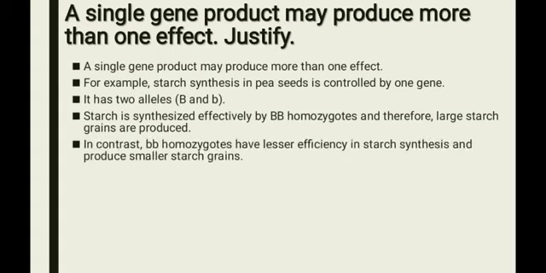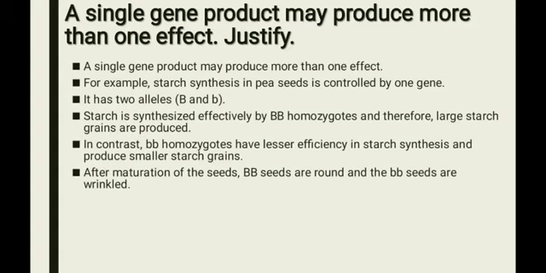In contrast, the bb homozygote has lesser efficiency in starch synthesis. Hence, it produces smaller starch grains. After maturation, the BB seeds are round and the bb seeds are wrinkled.